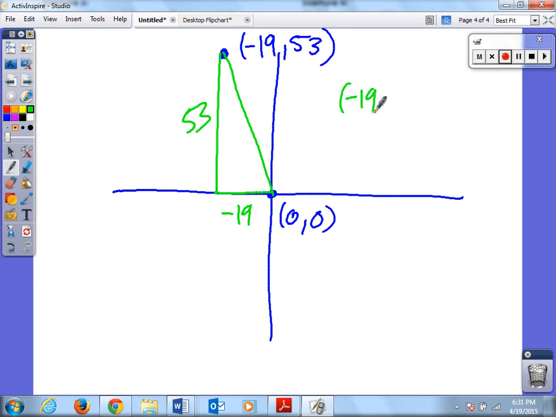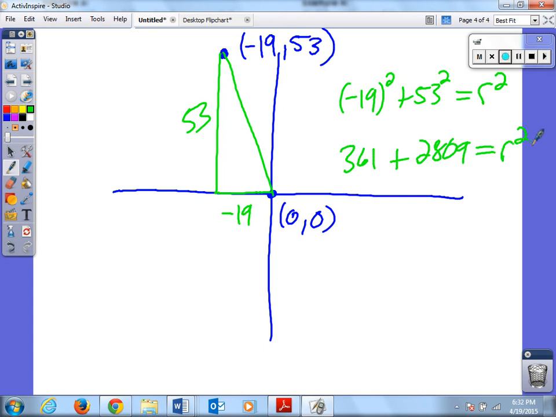So we'll say negative 19 squared plus 53 squared equals, let's call it r, because it's a radius, r squared. All right, 19 squared is 361. 53 squared is 2809. That equals r squared.